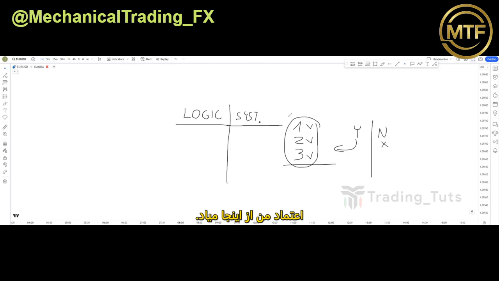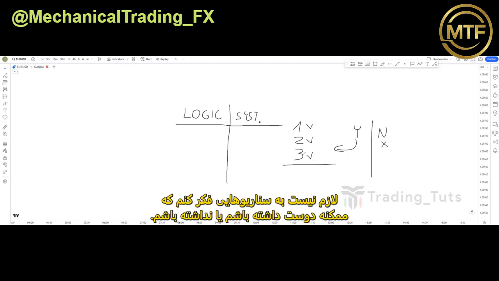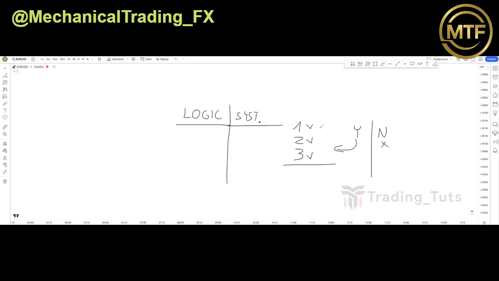That's where my trust comes in. I don't have to think about scenarios that I may like or don't like. Does it follow your rules? Yes or no? At the end of the day, that will be as simple as black and white. Does it match your checklist or does it not match your checklist?